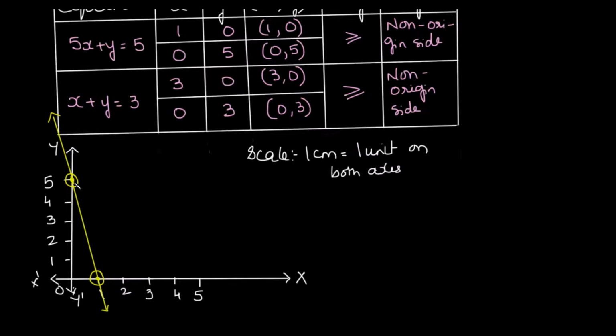In your notebook, draw only with scale so that such problems don't arise. So the equation of this line is 5x plus y is equal to 5. That is the equation of this line that I have written over here.